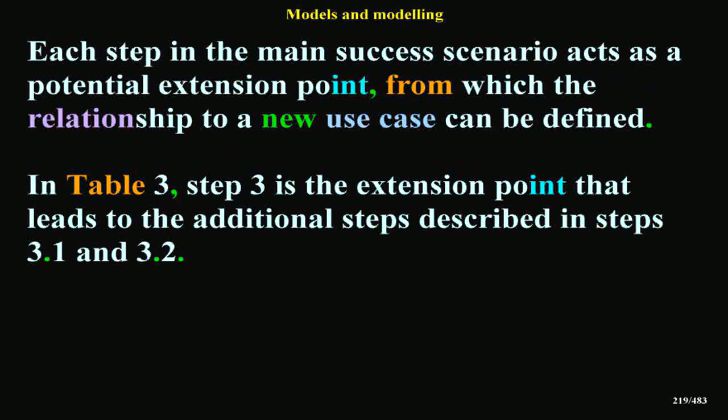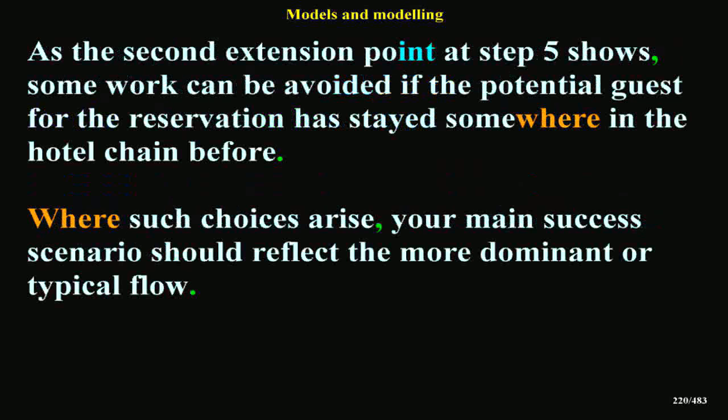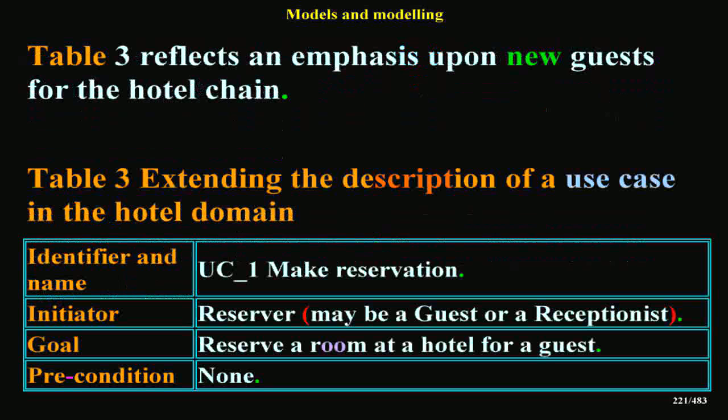In Table 3, Step 3 is the extension point that leads to the additional steps described in Steps 3.1 and 3.2. As the second extension point at Step 5 shows, some work can be avoided if the potential guest for the reservation has stayed somewhere in the hotel chain before. Where such choices arise, your main success scenario should reflect the more dominant or typical flow. Table 3 reflects an emphasis upon new guests for the hotel chain.